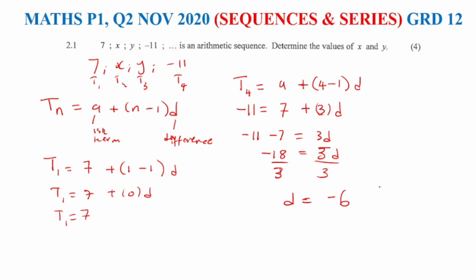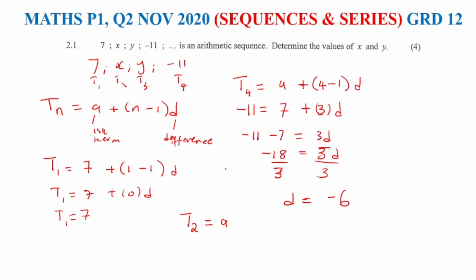So if the difference between these terms is minus 6, we can come here into our original equation. If we're looking for t2, it is going to be equal to a plus n minus 1 times d, because x is t2.